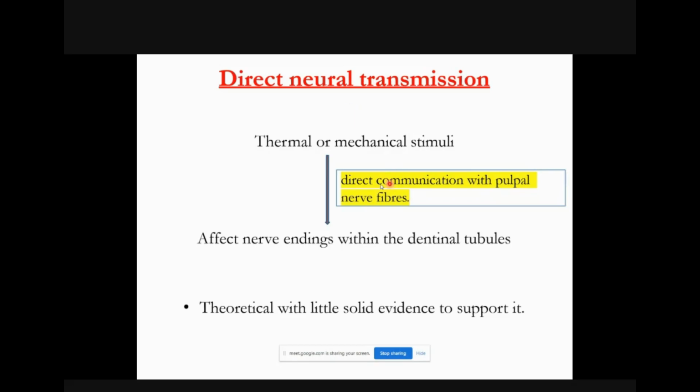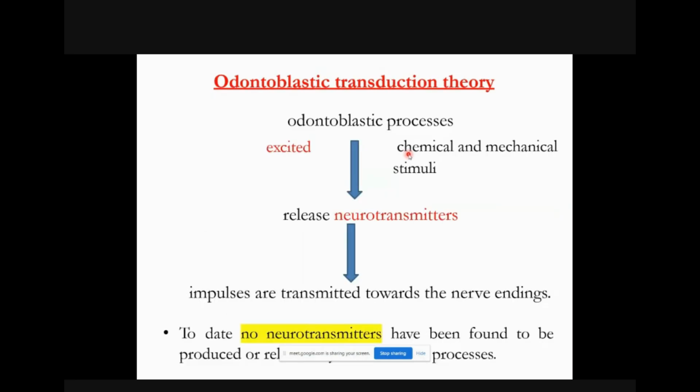But it is just a theory. There is very little evidence that there is any kind of direct communication between the pulpal nerve fibers and the stimuli. So this theory is not accepted.